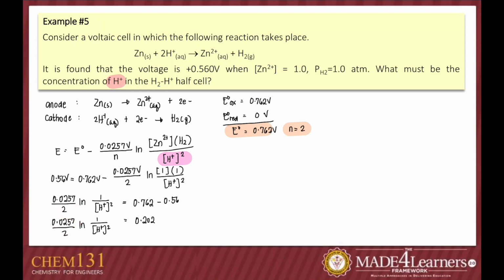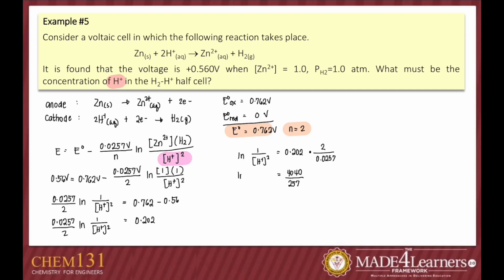What remains on the left side is ln of 1 over H+ squared, and that's equal to 0.202 times 2 divided by 0.0257. And that gives us a fraction, 4040 divided by 257. Take note that I am not rounding it off. I'm not expressing it in decimal because I don't want to round it off.